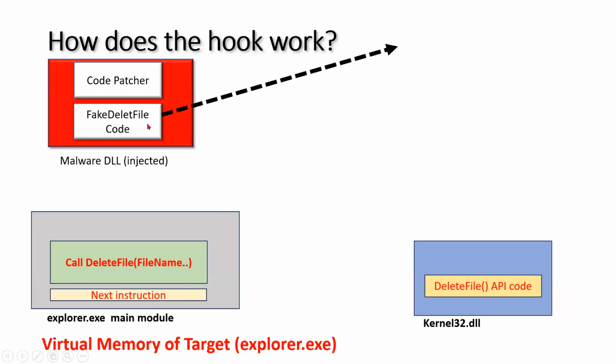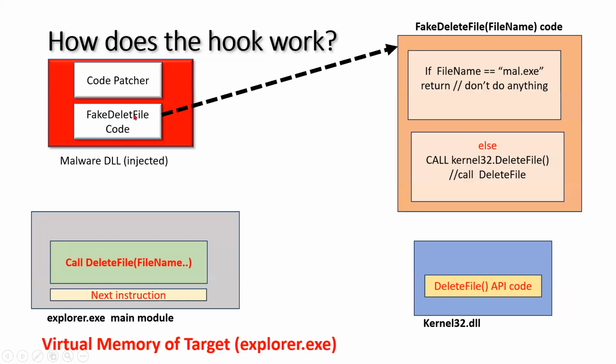If you look into the code of this fake DeleteFile, here is what is implemented. Suppose there is a malicious file mal.exe. Whenever explorer.exe calls it with mal.exe, this code is not going to do anything.